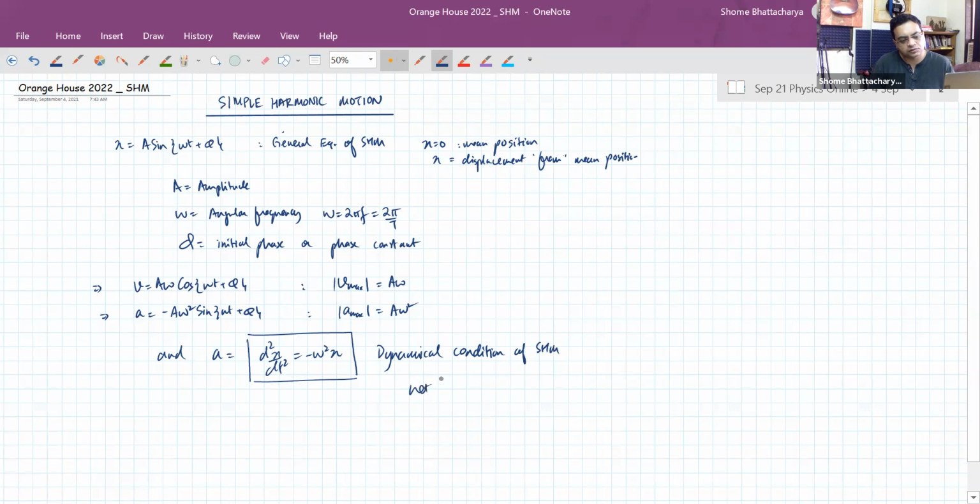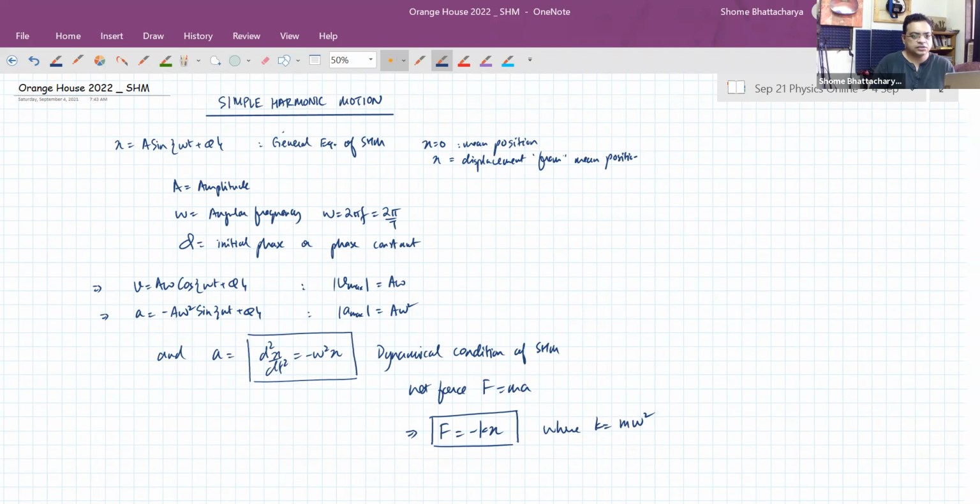Net force is of the type minus kx. So just go through this section once and let me know in case of any doubt. We'll discuss with a couple of examples.